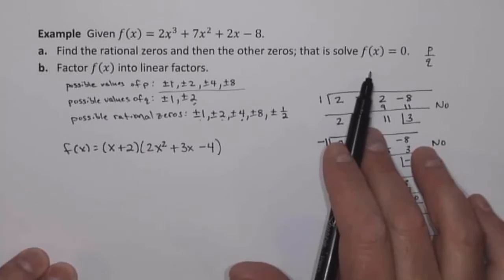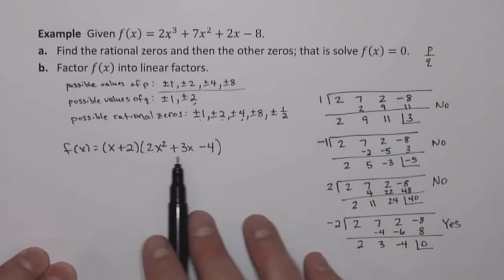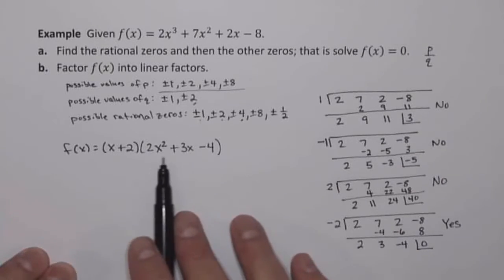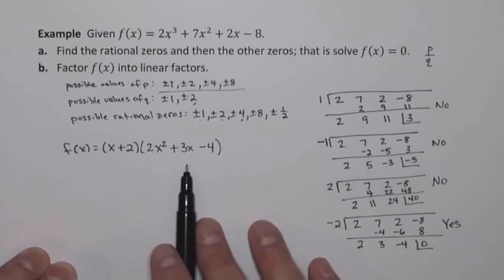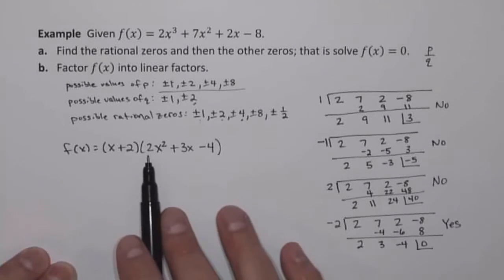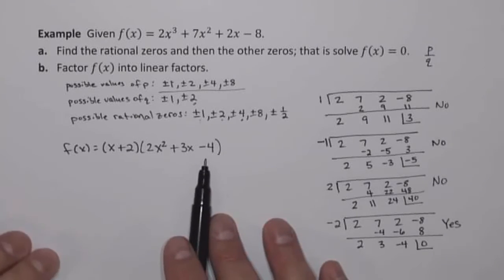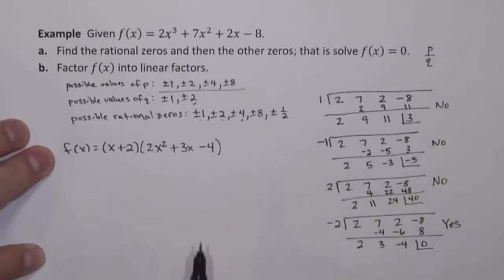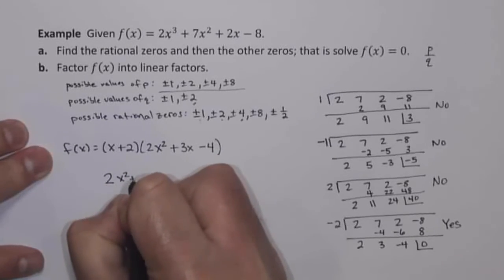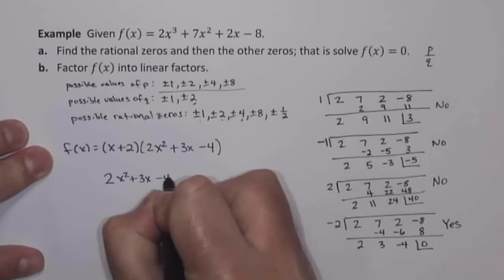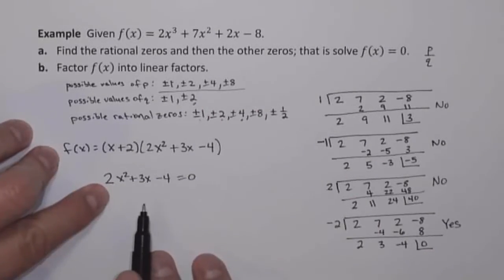Now, can we factor 2x squared plus 3x minus 4 any further so that we can find the other factors? Well, if you look at 2x squared plus 3x minus 4, we're not going to be able to factor that. That is a prime polynomial. So in order to figure out what the other zeros are going to be, we're going to have to use the quadratic formula. So I'm going to take 2x squared plus 3x minus 4 and set it equal to 0 and solve so that I can find the other zeros.